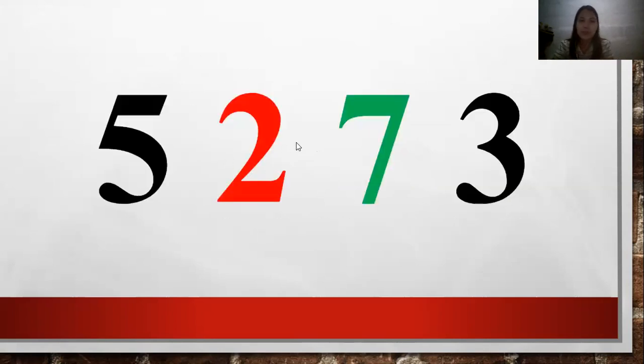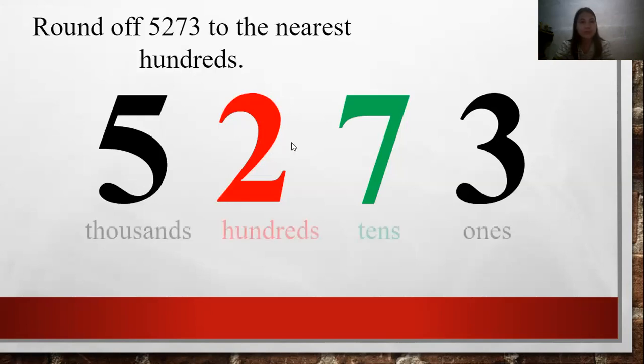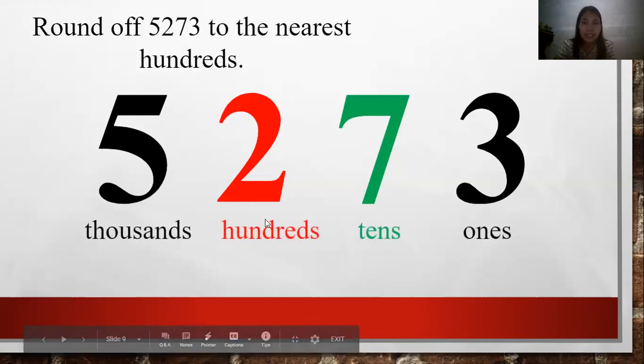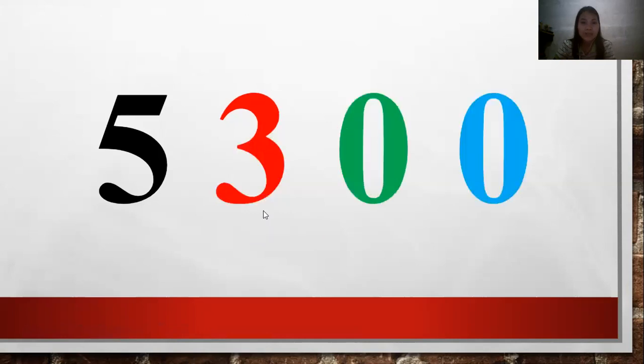Okay, so si 7 ay sakop sa 5, 6, 7, 8, 9. So mag-a-add tayo ng 1. So dadagdagan natin ng 1 si 2. Okay, si 2 dadagdagan ng 1.